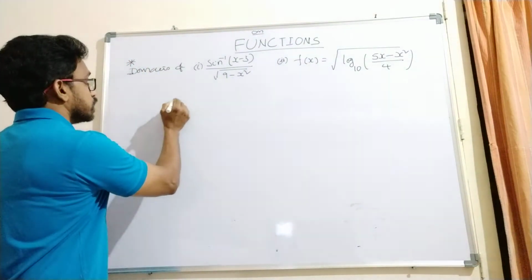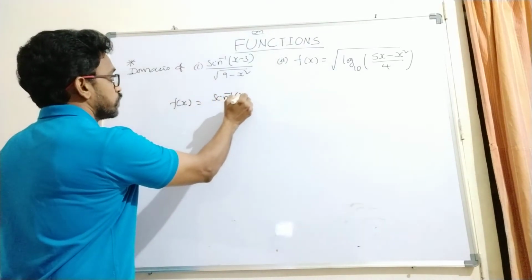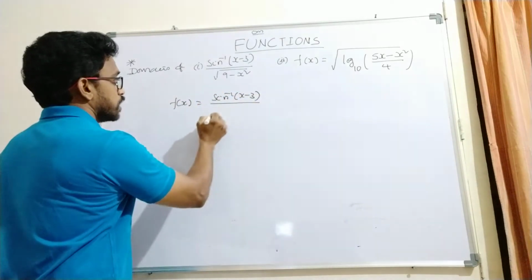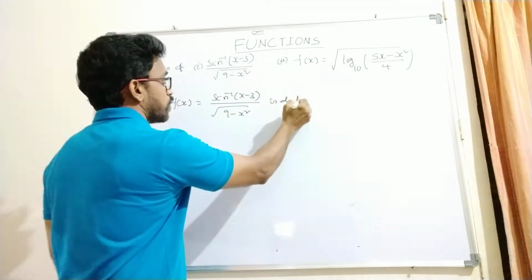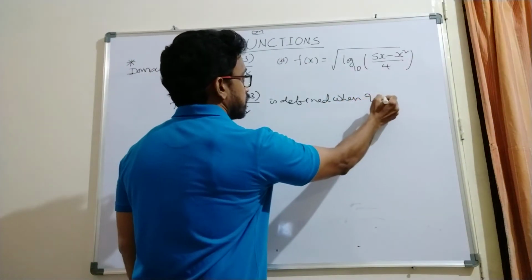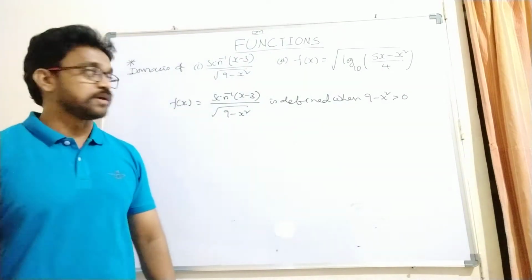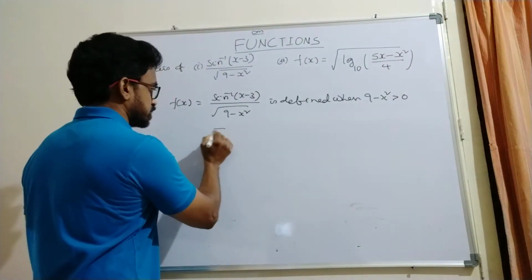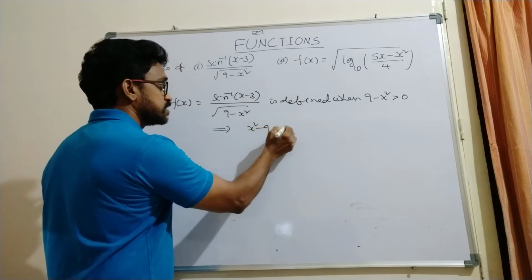Suppose f of x is equal to sine inverse of x minus 3 by root over 9 minus x square. It is defined when 9 minus x square is greater than 0. That is the first observation. So 9 minus x square greater than 0 is nothing but x square minus 9 less than 0.